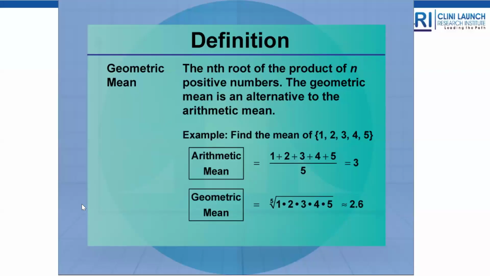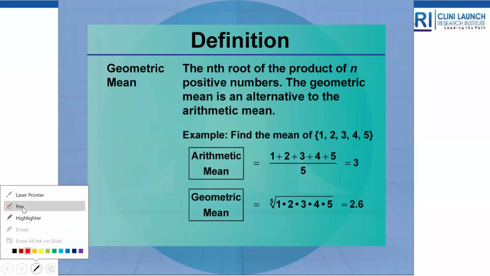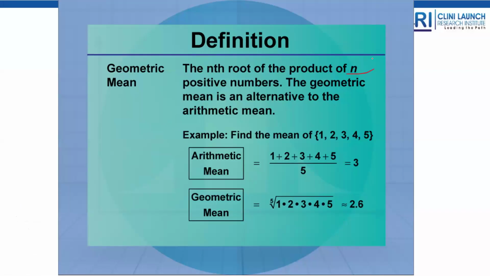But how do you calculate geometric mean? You have to take the nth root of the product of n positive numbers. Suppose you have the data 1, 2, 3, 4, 5, and sample size is 5. In arithmetic mean, you sum up and divide by 5, and you get the mean.